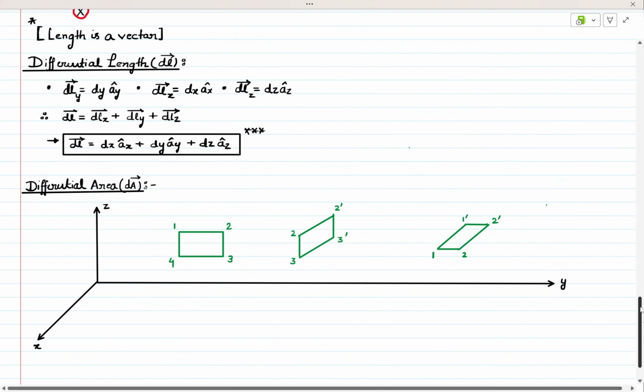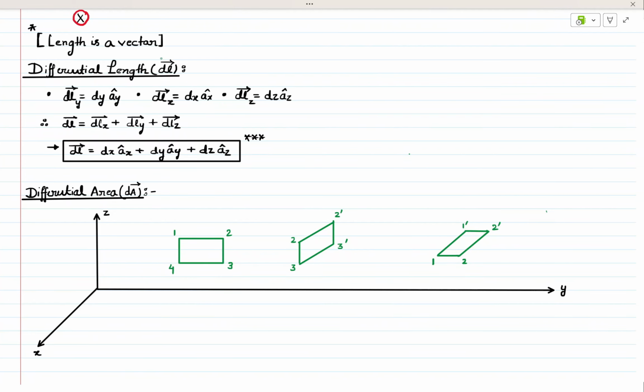So these three areas are actually not scalar quantities. Area is a vector quantity. Now as area is a vector quantity, I have already told you the direction of an area vector is perpendicular to the same surface. Okay. So for the area 1, 2, 3, 4, what is the direction of this area vector?